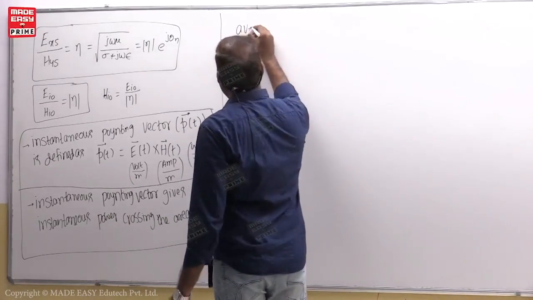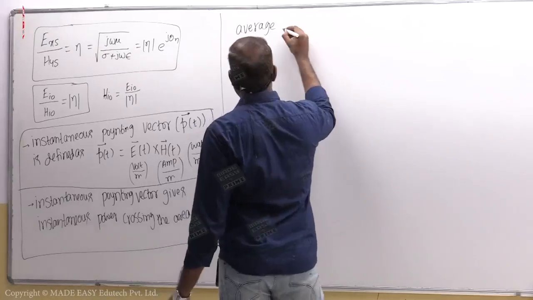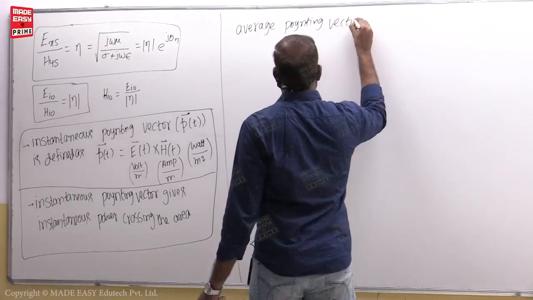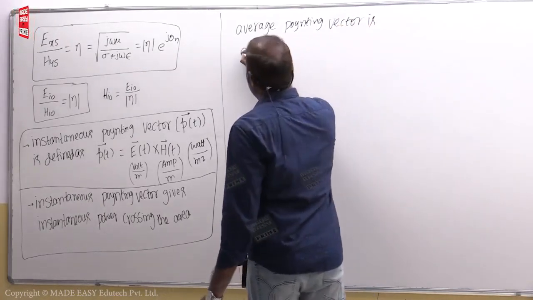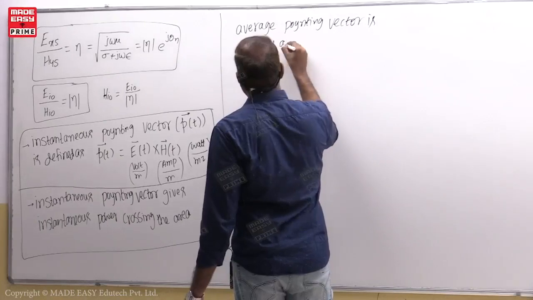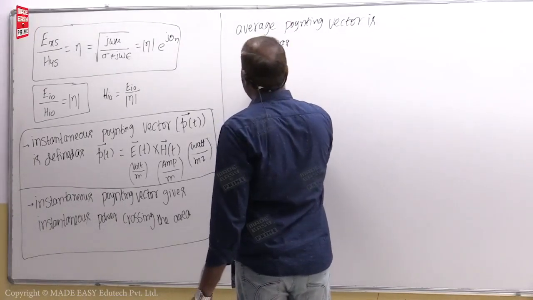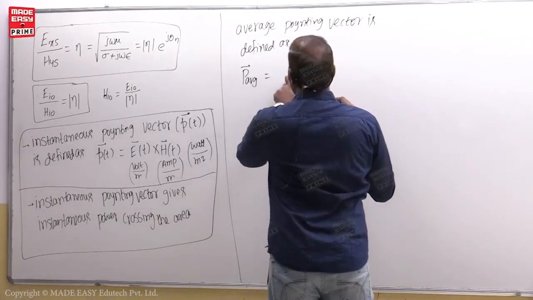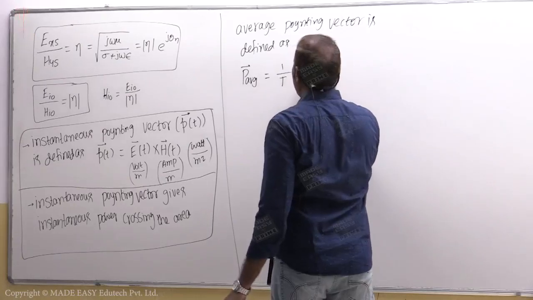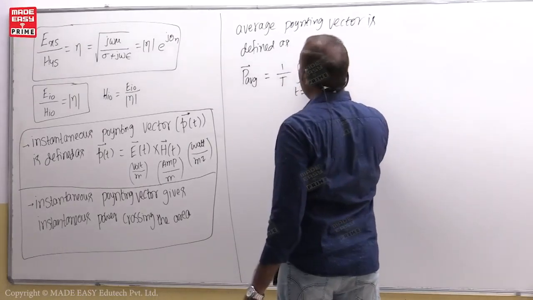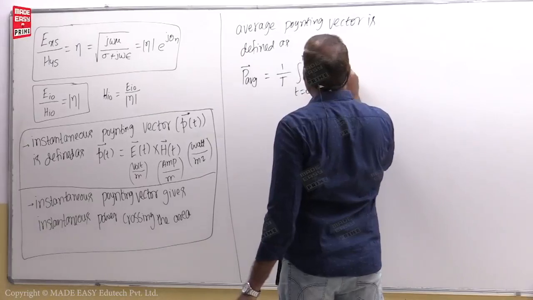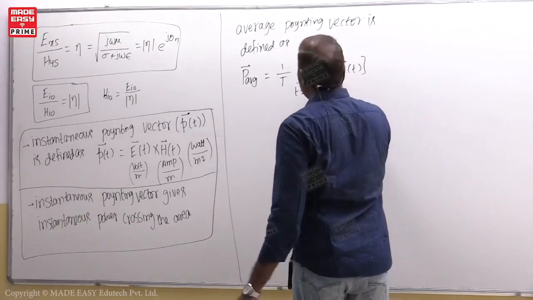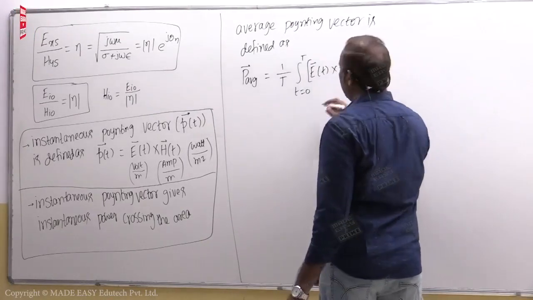Now, the average or mean Poynting vector is defined as P average bar is equal to 1 by T integral, time varying from 0 to T, E of t cross H of t, and this is nothing but the instantaneous Poynting vector, into dt.